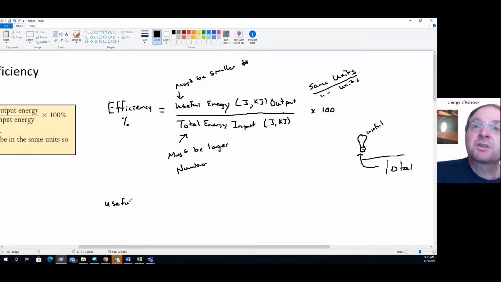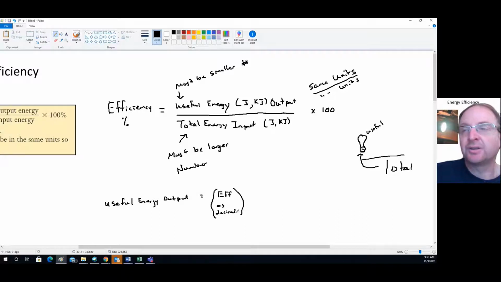Let's also solve, because some of the questions you might run into will want you to solve for useful. So let's just rewrite this and make sure you've got this on your formula sheet. Useful energy output equals efficiency, and as a decimal, so change it back to a decimal here, and obviously you just divide it by 100 to do that, right?